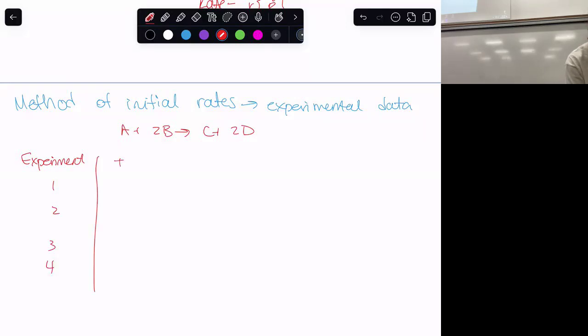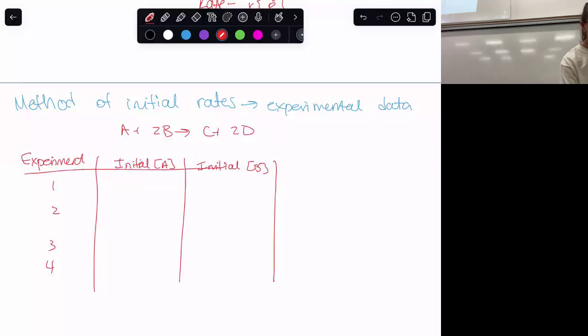And you'd be given initial concentrations of your reactants, and then you'd be given initial rates.